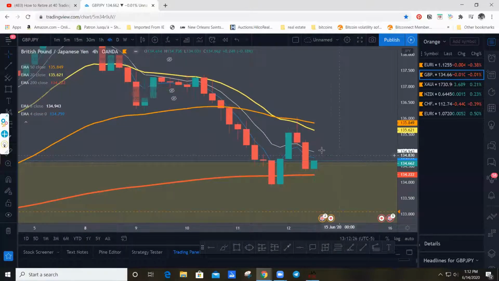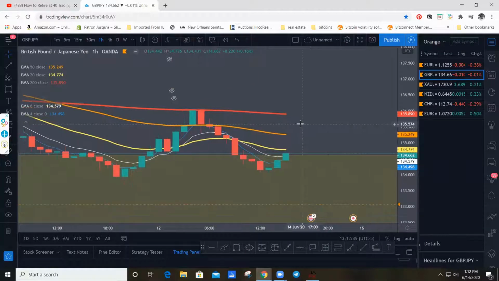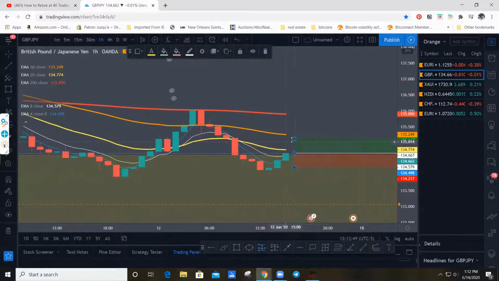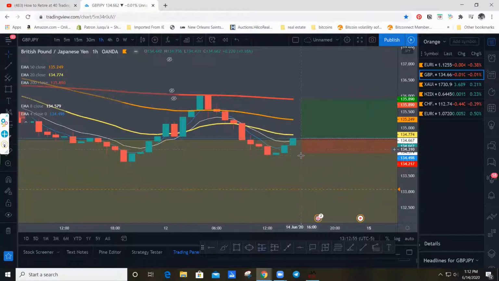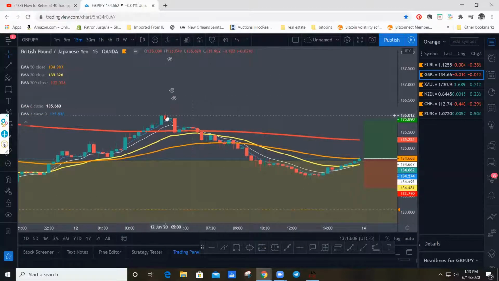Let me see something. Yeah, price is coming back to touch this 200. I'm looking for a tighter entry on the 15-minute. Price is coming back up to this high.